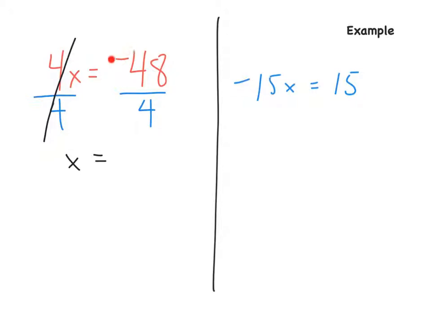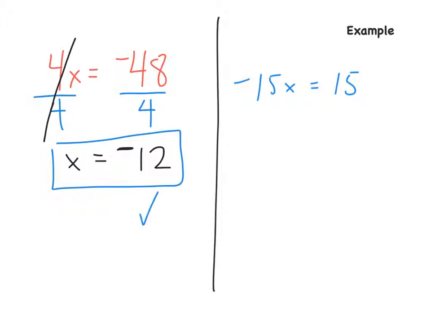Remember, the answer is going to be negative, since a negative divided by a positive is a negative. So x is equal to a negative 12. And this is our final answer. Remember, always, if you want to double check, plug in this negative 12 up here for x, make sure it equals 48, which it does in this case.